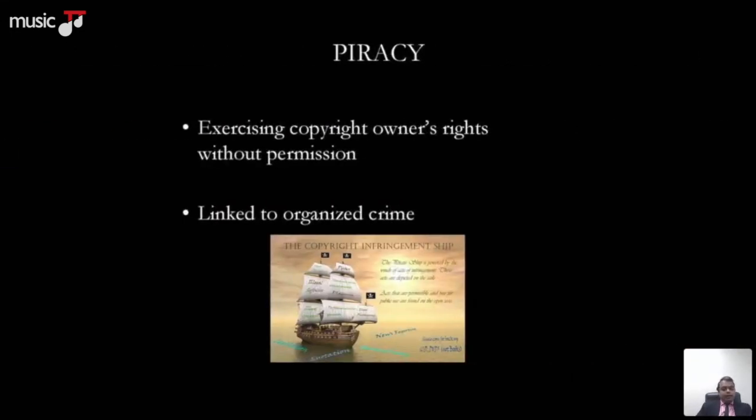Now, I can't end without talking about piracy. Piracy, in relation to copyright, is exercising the copyright owner's rights without their permission. What does that mean? It means that anytime you use protected, copyrighted music or films, you are breaching the rights of the owner.